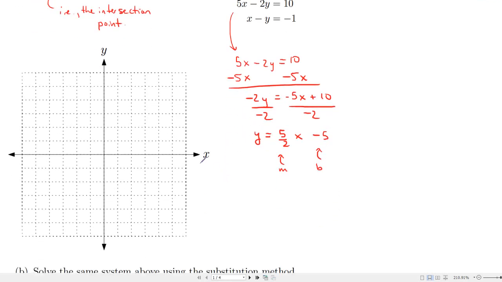So we can graph that. So b is negative 5: 1, 2, 3, 4, 5. So at negative 5. And the rise is 5, so positive 5, and the run is 2, and so we will go through this point.